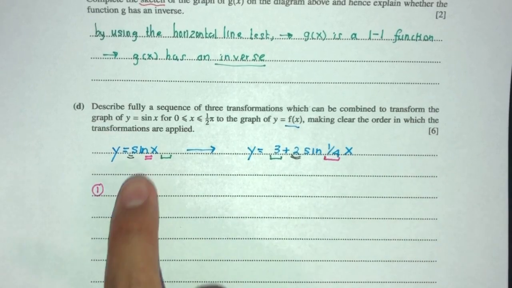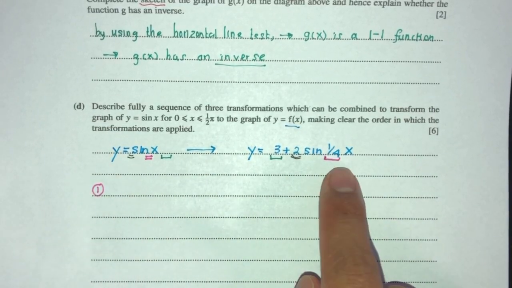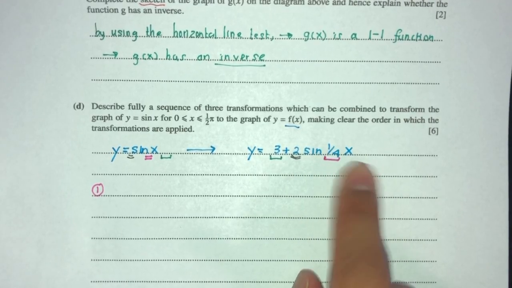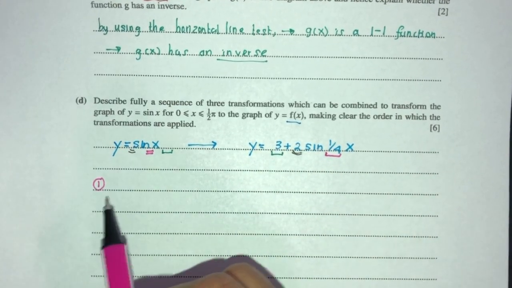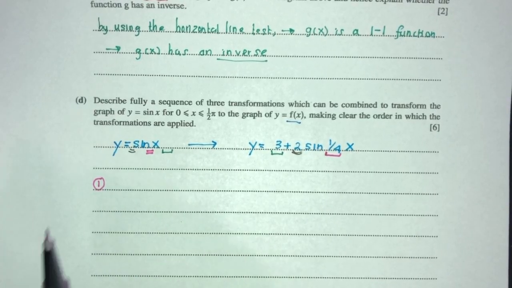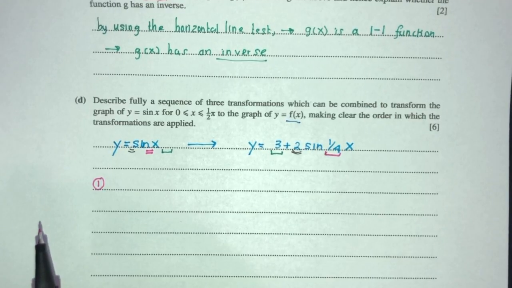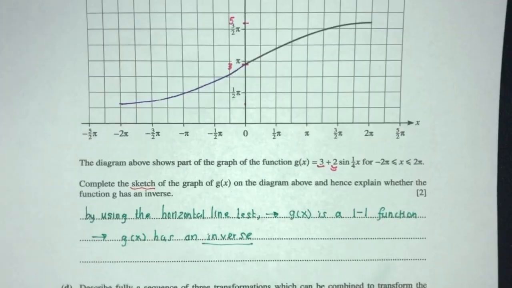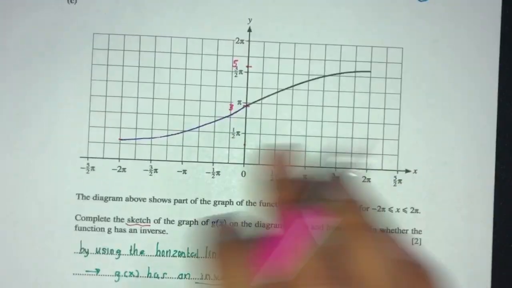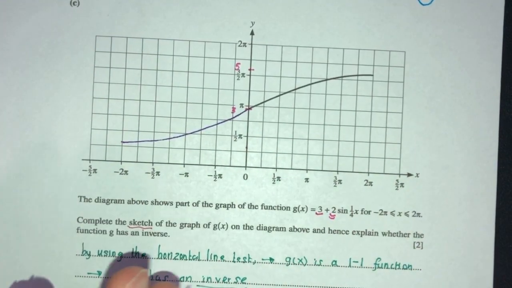So how did we change sine x to sine 1 over 4x? What does that mean? Is that a stretch or a squash? Because you can see the graph has extended. Usually the graph looks kind of squeezed, but here it's kind of stretched.